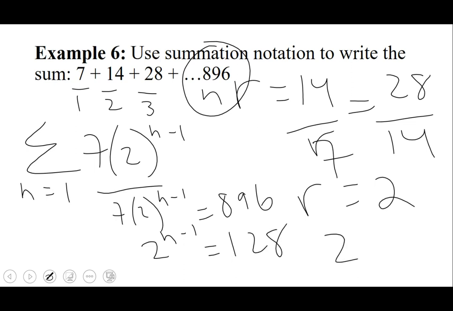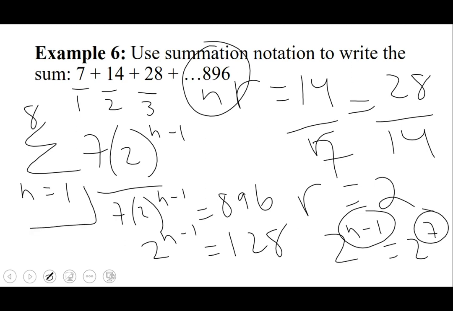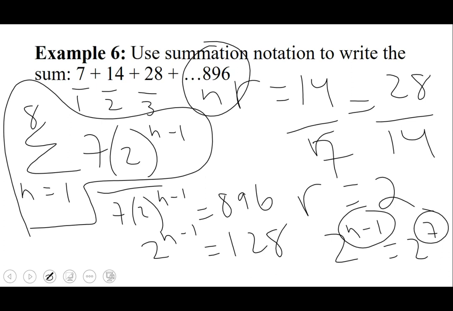If you were to realize that 128 was equal to 2 to the 7th, you would then know that 2 to the n minus 1 equals 2 to the 7th. And as long as you have like bases, you could go ahead and set those exponents equal, which would tell you that n was equal to 8. So your final answer to this problem is the sum from 1 to 8 of the geometric sequence 7 times 2 to the n minus 1.